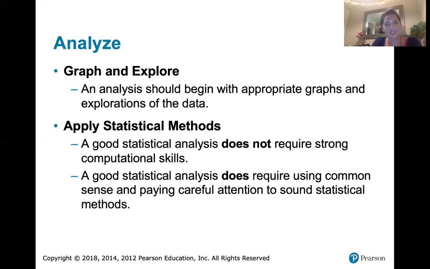But once we understand that, it's really silly to try to do all of that computation by hand. If you're finding, let's just say, the mean of some data set, so you add all of the numbers together and then you divide by the total number of elements, it's really silly to just practice adding those numbers together and then dividing when a calculator can do it for you, or an Excel spreadsheet can do it really easily.